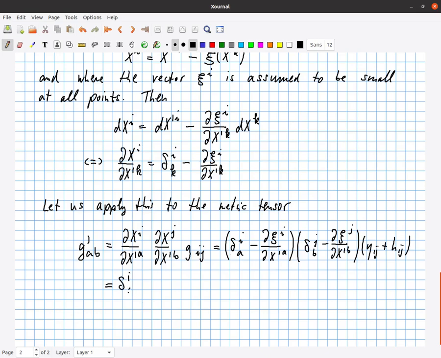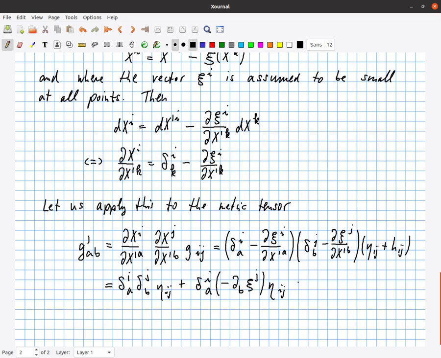The first term we get is delta IA, delta JB, eta ij, plus, for instance, we can get delta IA, then we pick out one of those derivative terms, which I now write as partial B psi j, and we have here an eta term.